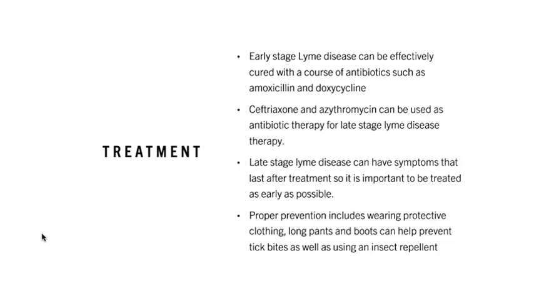In this case, the patient can be treated effectively with a course of antibiotics. Amoxicillin and doxycycline are effective for curing Lyme disease in these early stages. A course of about 2 to 3 weeks should clear up the infection, and she shouldn't experience any of the joint damage or neurological complications associated with Lyme disease.